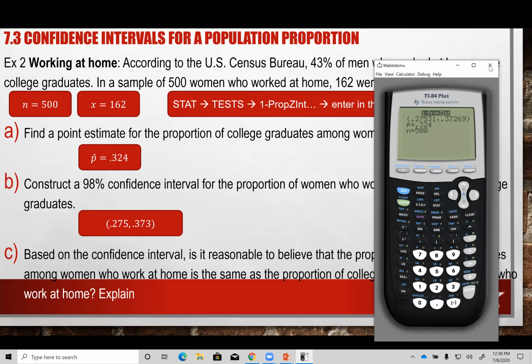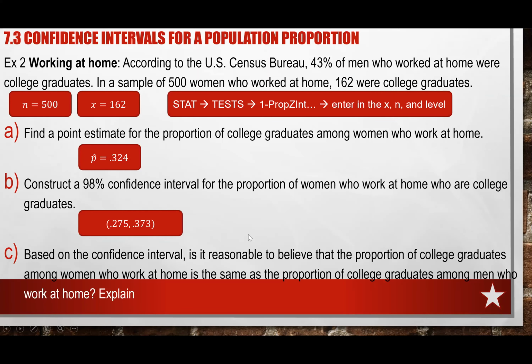If you don't have a question with A or B, look at the follow-up question. Based on the confidence interval, is it reasonable to believe that the proportion of college graduates among the women who work at home is the same as the proportion of college graduates among the men who work at home? Explain. Do you agree that they are not the same?